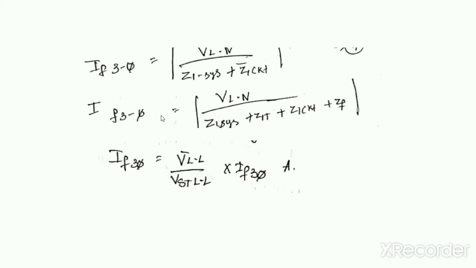Therefore IF three phase is equal to V line to neutral divided by Z1 system plus Z1 transformer plus Z1 circuit plus ZF. Therefore IF three phase is equal to V line to line by VS line to line into IF three phase. This is the fault current in the three phase system.